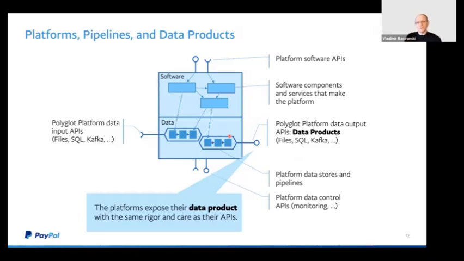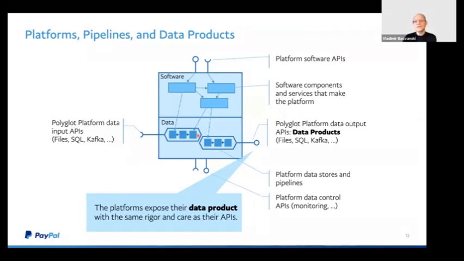So what we need to do, and this is the essence of this proposal, the notion of the software platform should not be limited to the software only, but it should also include the reasoning about data. Inside of the platforms, there will be data stores, there will be pipelines that are moving data from one place to the other, doing various transformations.